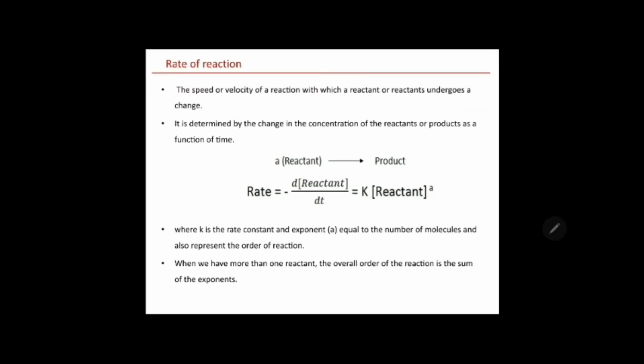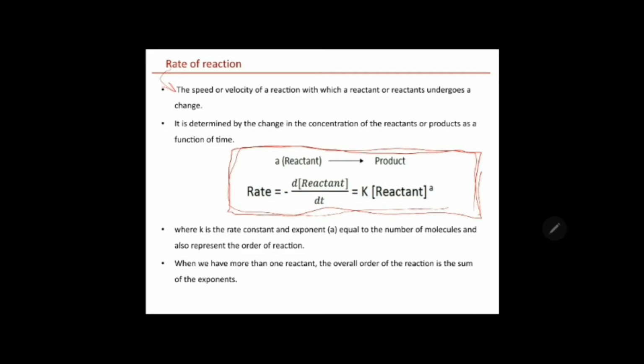Rate of reaction. We said that this means the speed or velocity of the reaction, or the speed at which the reactant will react and the product will form. And we have this rule that all of you have to know, because you have studied this before.